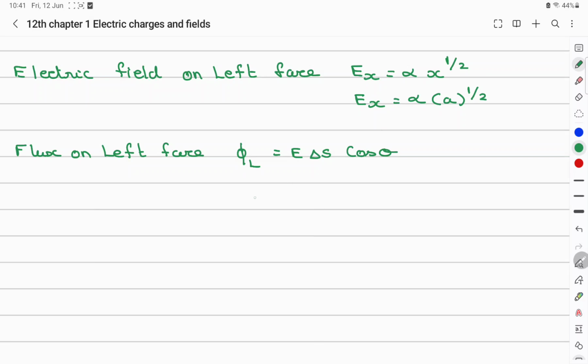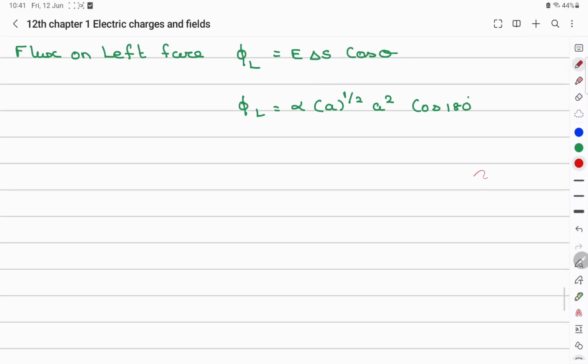So substitute the value of the electric field component here: alpha a power 1 by 2 into a square into cos of 180 degree. Cos of 180 degree is due to the unit vector being along the left direction and the electric field being along the right direction, so the angle between the unit vector and the electric field is 180 degree.